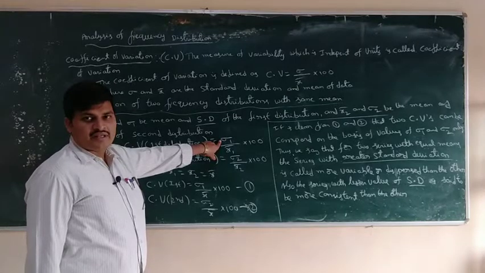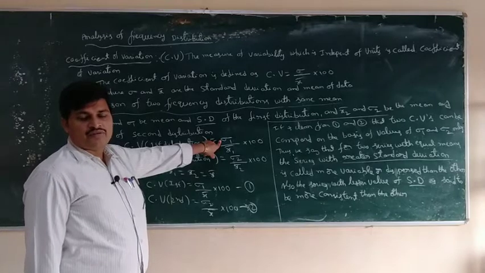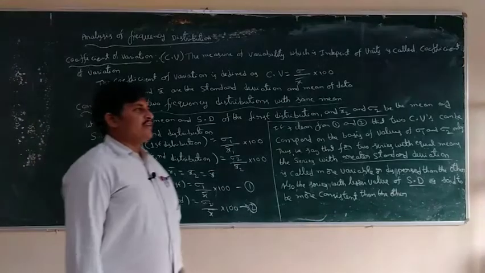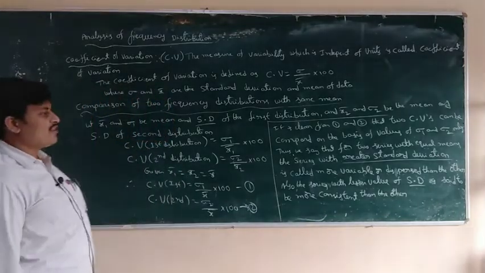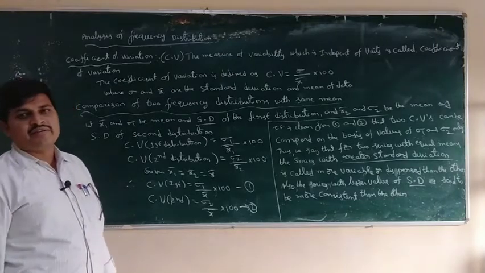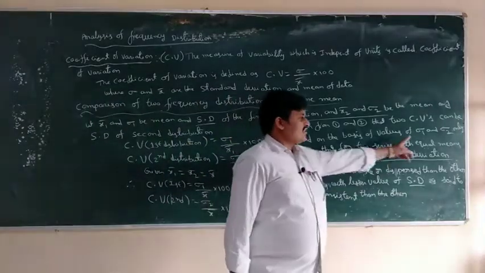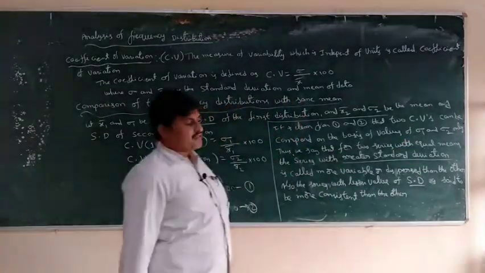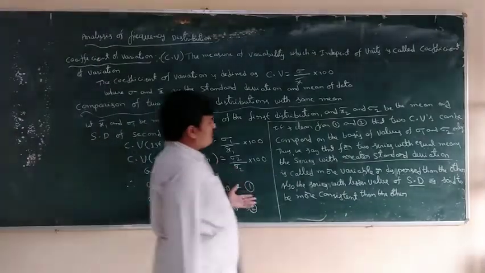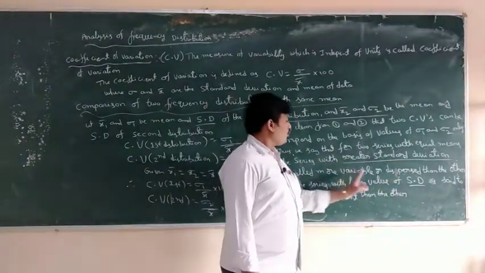Standard deviation for a discrete frequency distribution: variance is 1 by N sigma fi into xi minus x bar whole square, and standard deviation is the root of sigma fi into xi minus x bar whole square by N. First we find the standard deviations, after that the coefficient of variation. Whichever has the greater standard deviation is the more variable.